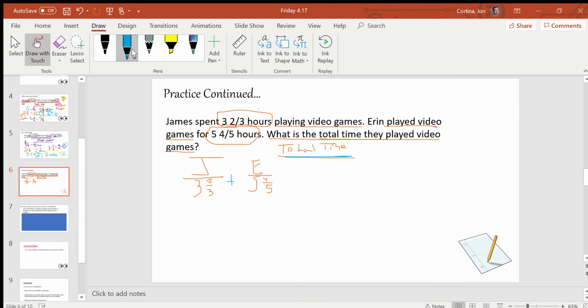So we have 2 mixed numbers. We want to add them. Let's think about our steps for adding mixed numbers. We're going to start by decomposing these fractions, or mixed numbers. So 3 2/3 is really 3 plus 2/3.